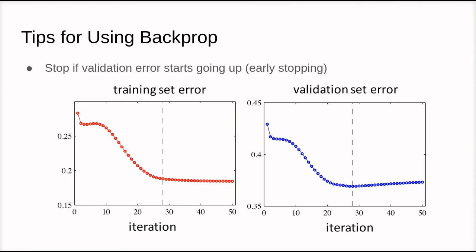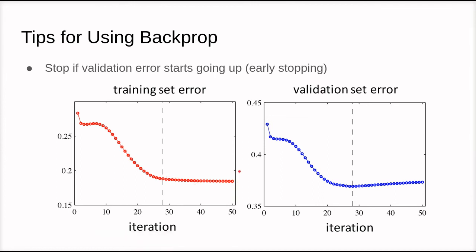So one way to avoid this is an algorithm called early stopping, which is to say you want to stop training before you start overfitting the data. A way to do the early stopping algorithm is you maintain your training set and then a separate, completely disjoint validation set. And at the end of each epoch, you report your training error, and as you see, it decreases as we would expect with training.